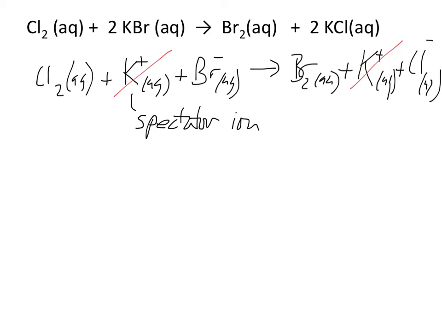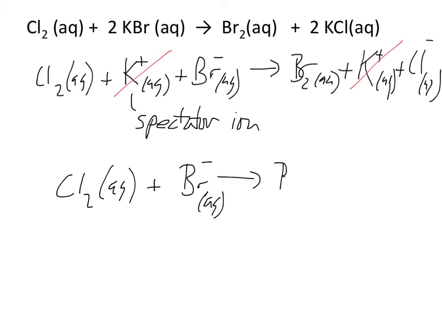So if we were to write this out again without the spectator ions, it looks a little bit easier. So we've got Cl2 aqueous plus Br minus aqueous goes to Br2 aqueous and Cl minus aqueous. And now we need to balance, because even though we have the same charge on the left and on the right, we don't have the right number of atoms.